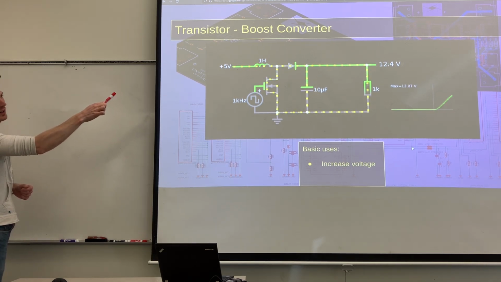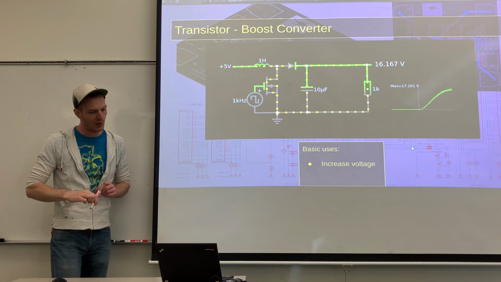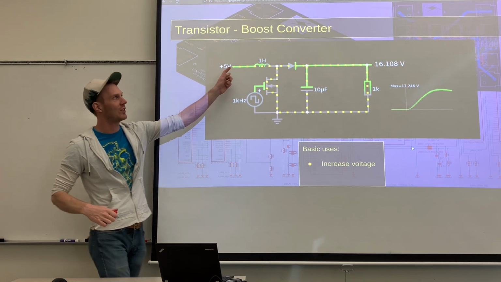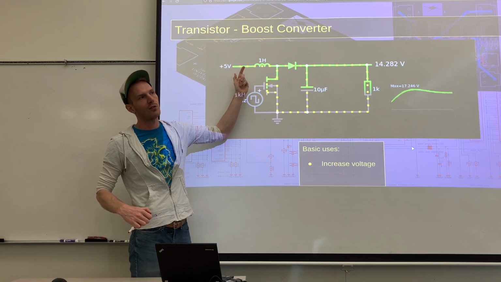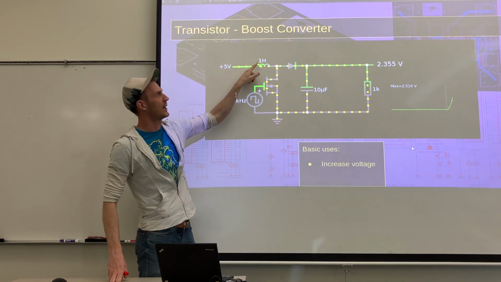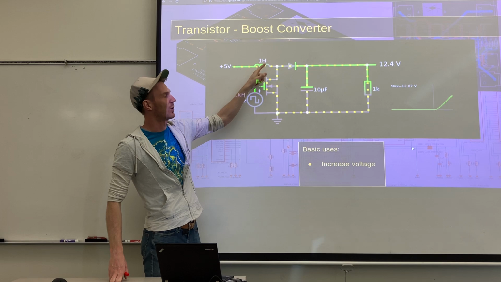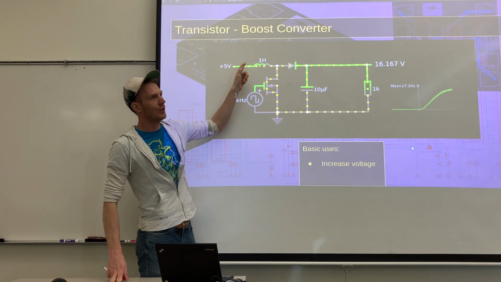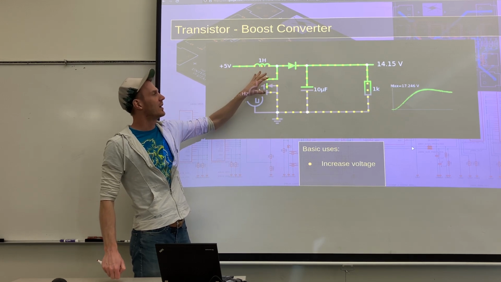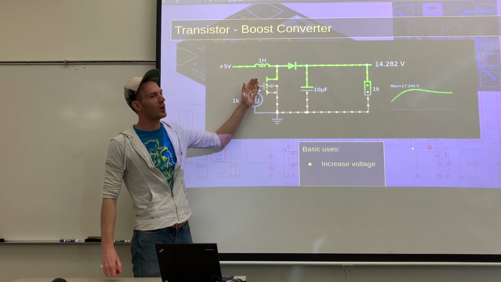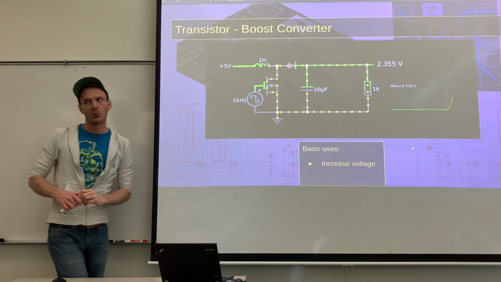What's the easiest way to say this? The time it takes to charge and discharge this is a function of its inductance and the resistance. Which is to say, the higher the inductance, the higher the resistance, the slower it will charge or discharge. That's probably the easiest way to say it.